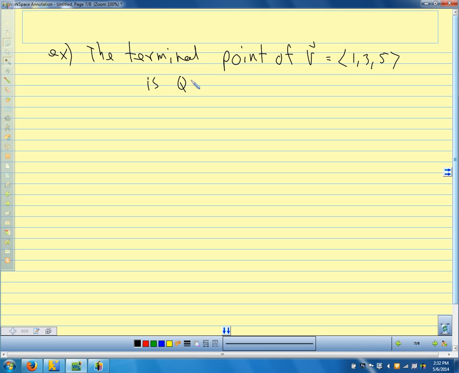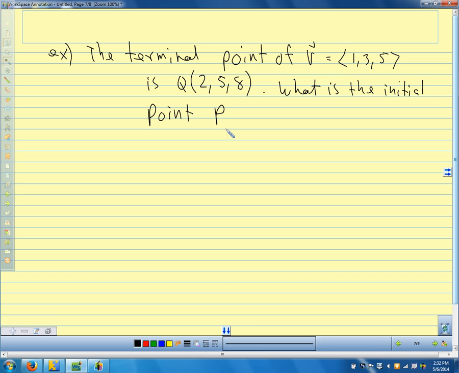The terminal point is the point Q, which has coordinates 2, 5, 8. We want to know what is the initial point. And we can call the initial point P.